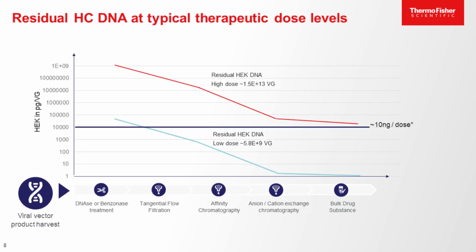And if we take a look at the exact same data set, now only focusing on HEK, and we look at it from a picograms per viral genome perspective, we do see now that for a low dose, let's say E to the 9 viral genomes, very quickly we get below the 10 nanograms per therapeutic dose limit. But if we have to administer a higher dose, E to the 13 viral genomes, we see that we actually never make it below the 10 nanograms per therapeutic dose, and that's just host cell DNA, not even including residual plasmid DNA.